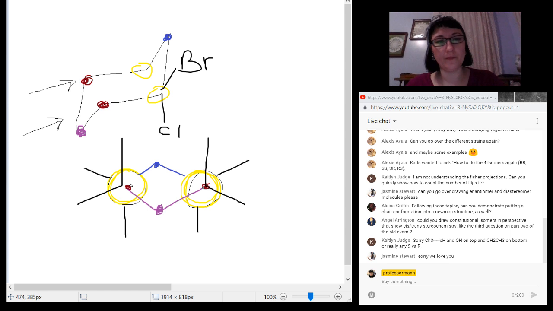So I'll put a chlorine there. So I need to look on that side of the molecule, which would be this one here. Okay. And so the one pointing up is a bromine, right? Because this thing there is pointing in the up direction on that carbon. And this one down here would be the chlorine. Okay.